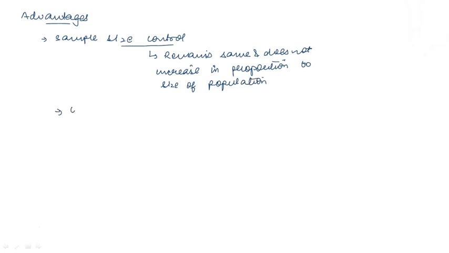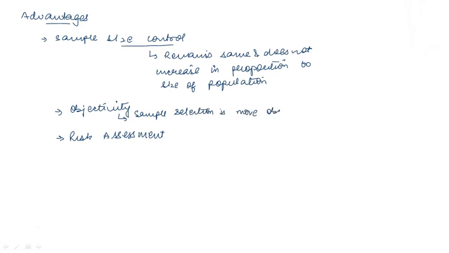The next is objectivity. Next is risk assessment. Objectivity refers to the fact that sample selection is more objective, that it is unbiased.